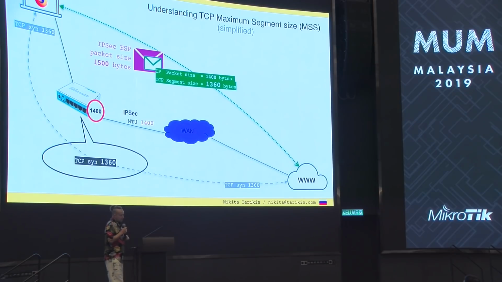Actually, there are Path MTU Discovery protocols available, but in some cases where routers filter ICMP, your Path MTU Discovery will not work. So it is a very good idea to let MikroTik help both sides negotiate the proper maximum segment size of the TCP connection.